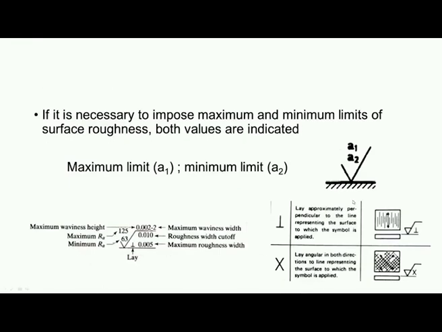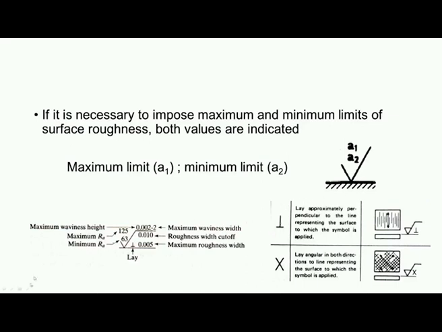Now sometimes it is necessary to mention two values, upper limit of the roughness and lower limit of the roughness. In that case we use this symbol wherein we have used a1 and a2. a1 indicates the maximum surface roughness and a2 indicates the minimum surface roughness.